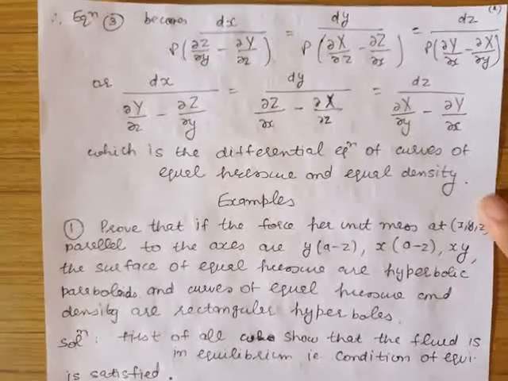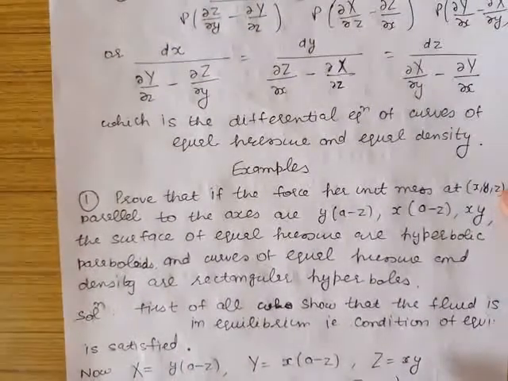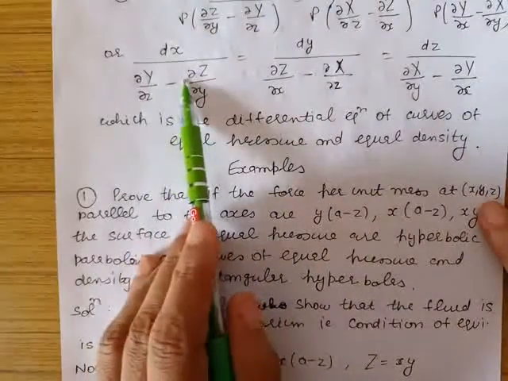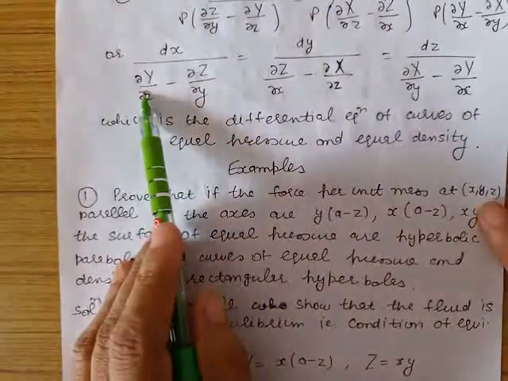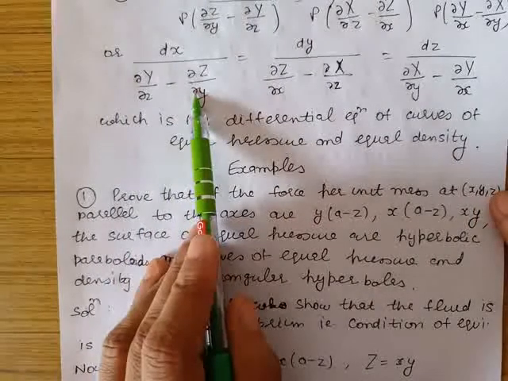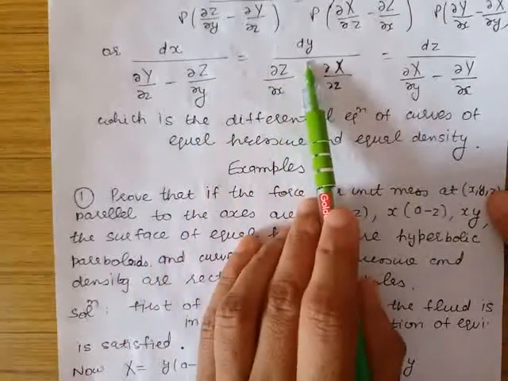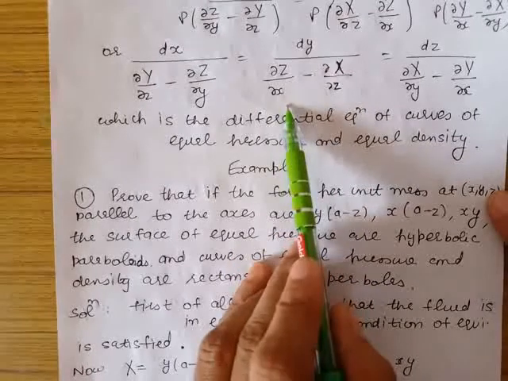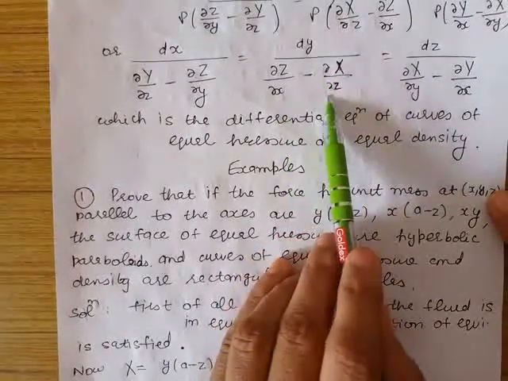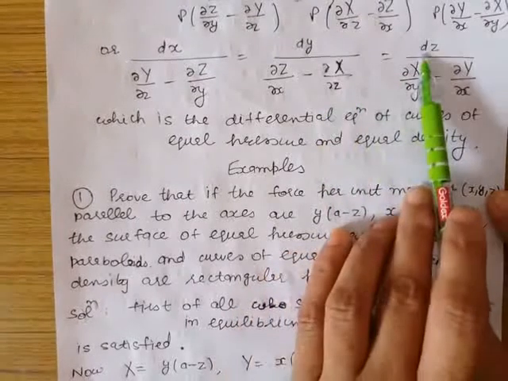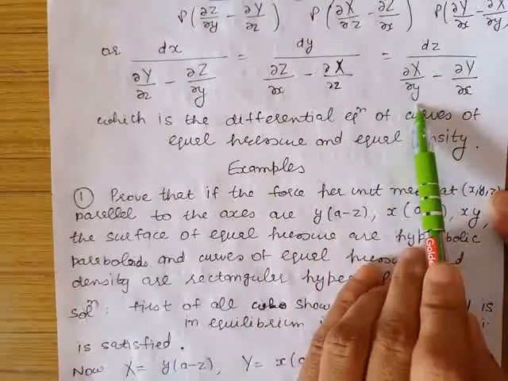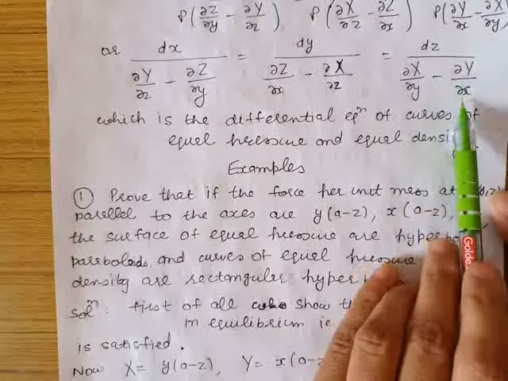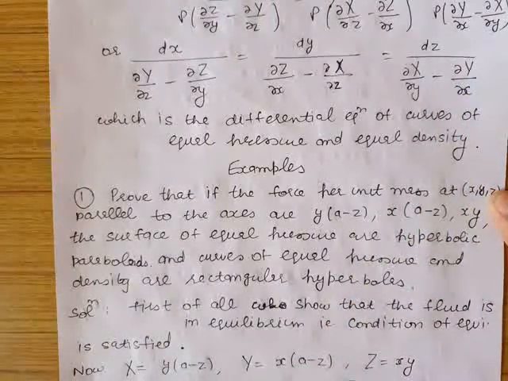So we get the differential equation dx / (∂Y/∂z − ∂Z/∂y) = dy / (∂Z/∂x − ∂X/∂z) = dz / (∂X/∂y − ∂Y/∂x). So this is the differential equation for the curves of equal pressure and equal density.